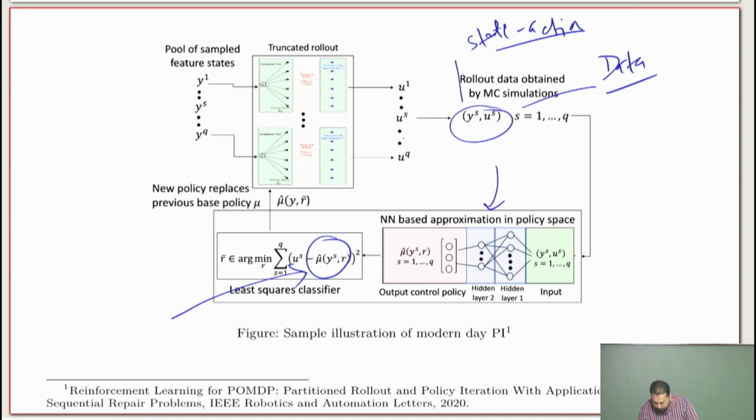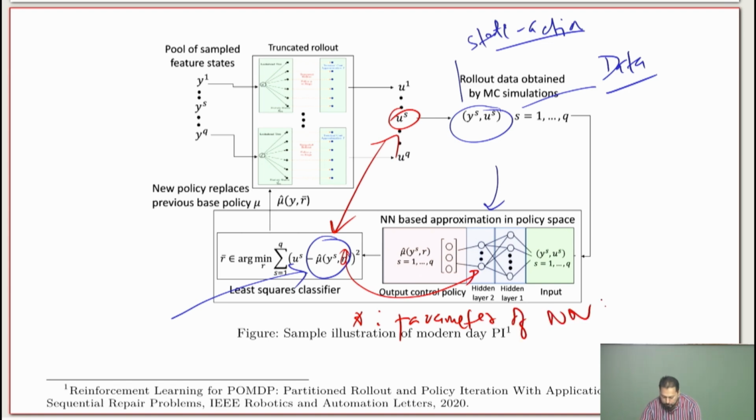These labels are being used, and this r that we see here is a weight, a parameter of the neural network.